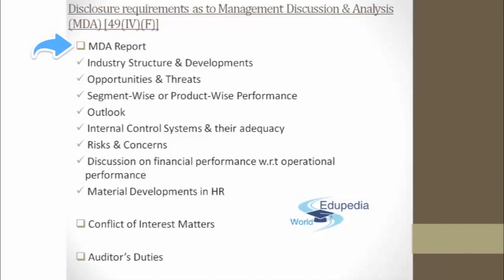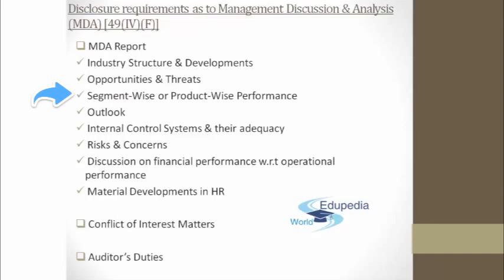MDA shall include discussion on various matters like industry structure and developments, opportunities and the kind of threats that the company is going to face, segment wise and product wise reporting and their performance. Let's suppose my company has n number of products. Let's say I'm selling toothpaste, shampoos, and tooth powders as well.